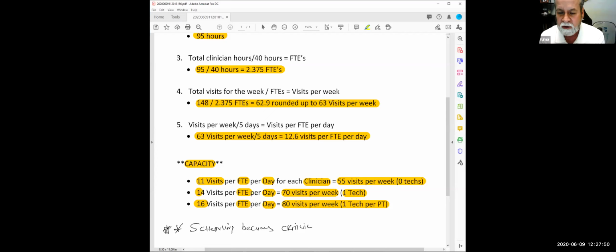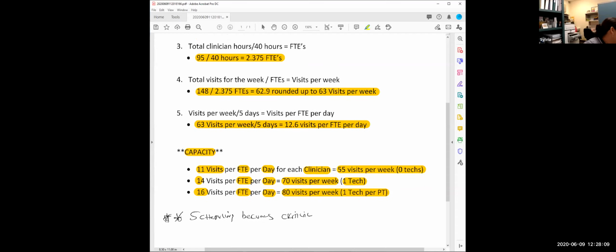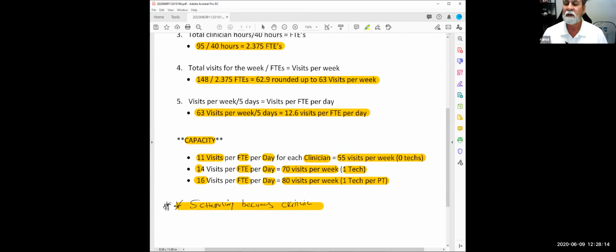With this information, and knowing that we can go into the week and break it down to a per day for capacity, scheduling becomes critical now. The front office has to make sure that the scheduling is appropriate for the visits and the staffing model.